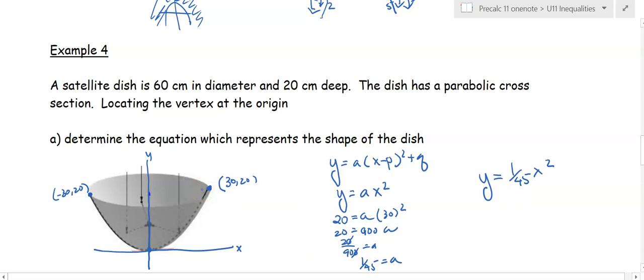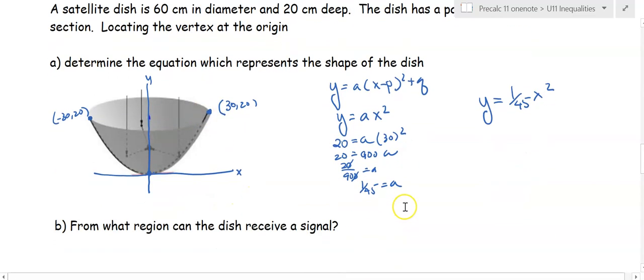So now if I ask you, from what region can the dish receive a signal? Well, the dish can receive a signal anywhere on the inside. If it hits the edge of the parabola, it's not going to receive the signal. So it has to receive the signal anywhere inside.